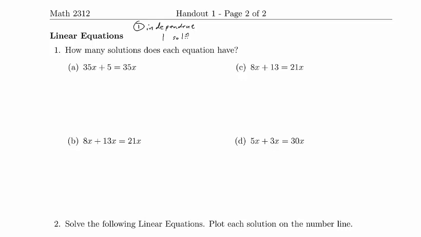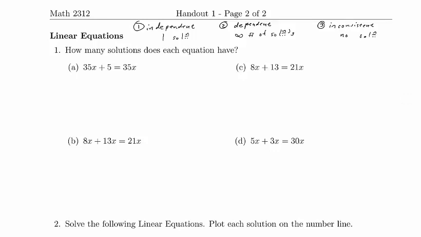It could be dependent, in which case it has an infinite number of solutions. Or it finally could be inconsistent. And if it is inconsistent, that means it has no solution.